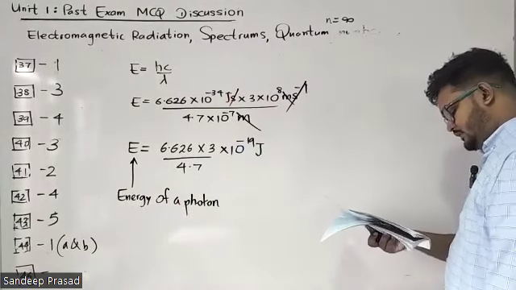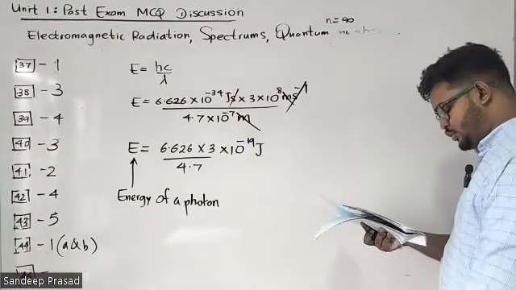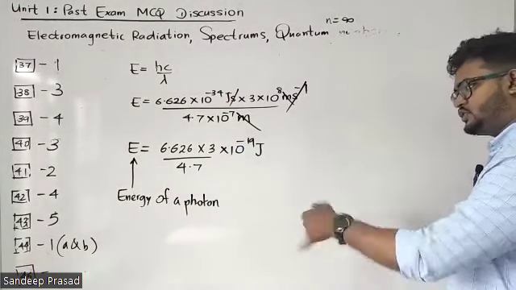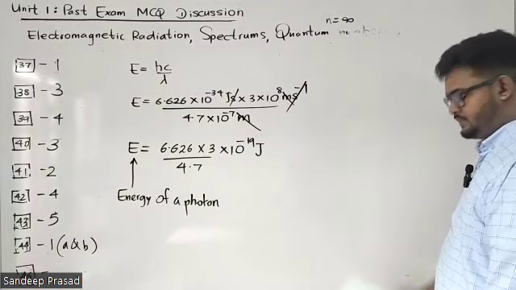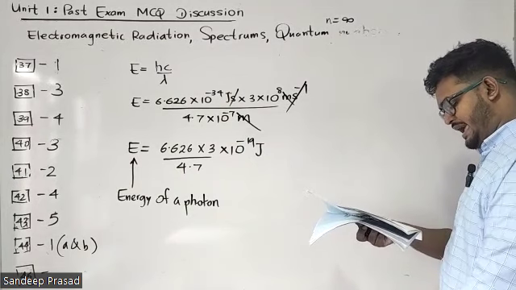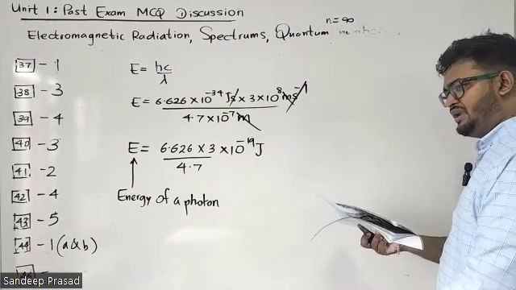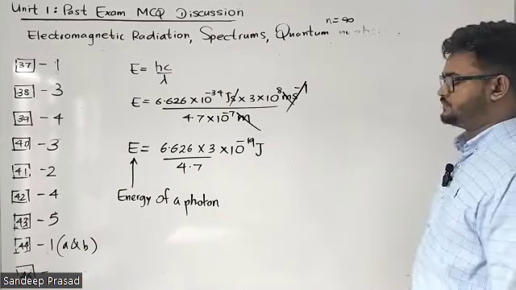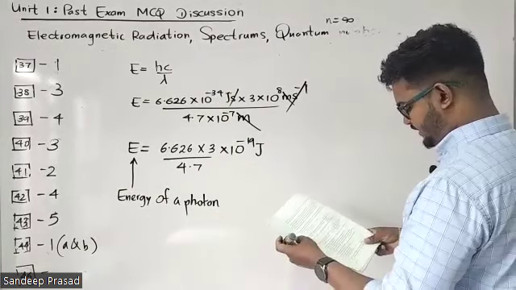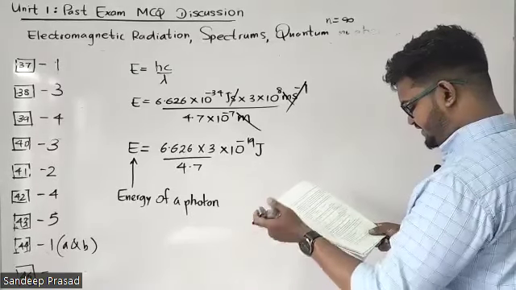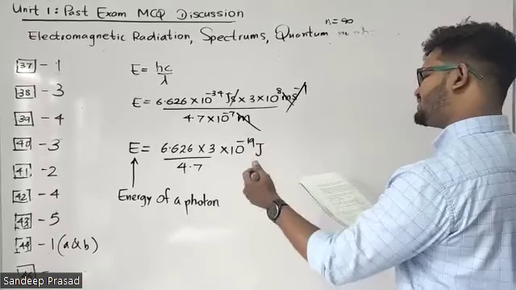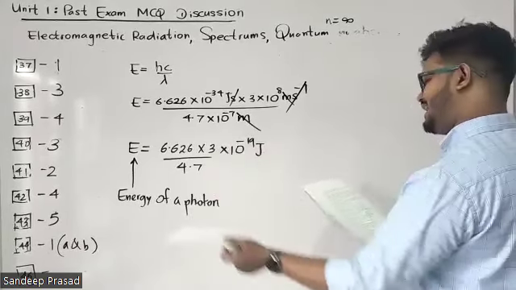Then they're asking, a lamp is producing 6 joules of energy per second of the visible light. For how long should the lamp be lit to generate 1 into 10 to the power 20 photons? Students, if the lamp is producing 6 joules of energy per second, how many photons can be released by that lamp?